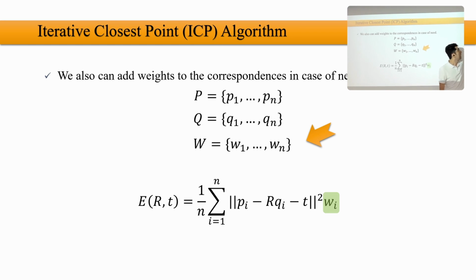It means how certain I am that this point is this point over here, not this point. The points that I'm more certain are the same, I can say they have more weight to measure my error. Clear? With adding weights to the point cloud.